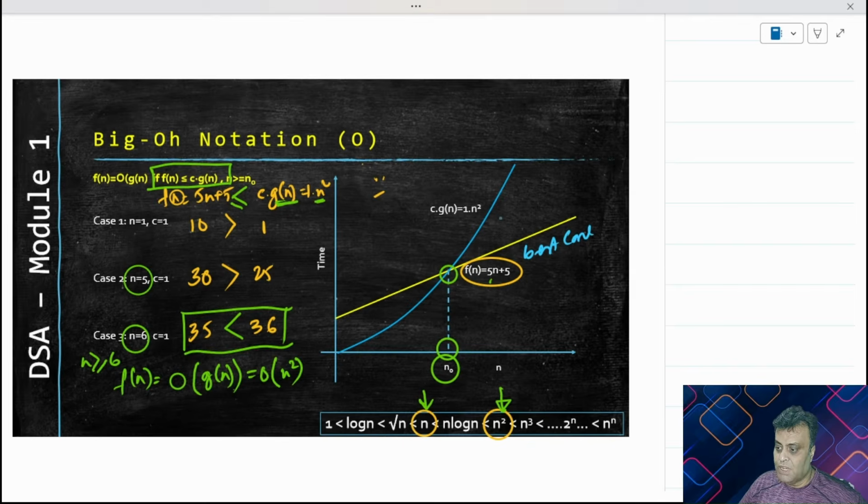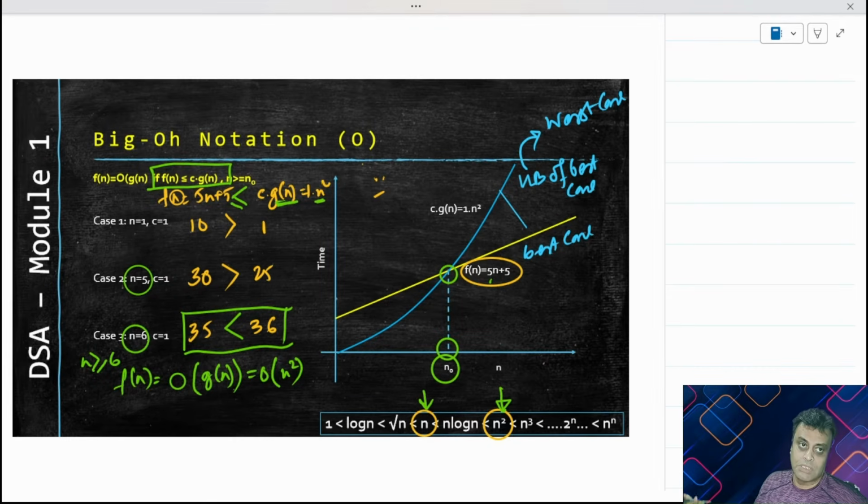So the best case function having an upper bound means this is an upper bound of the best case. We do not say this is the worst case. Just because it is the upper bound, it doesn't become the worst case. Best case and worst case are the lines, and the upper bound and lower bound are on top of or below the lines. That's what I wanted to recap, because this is something almost everybody makes a mistake on.